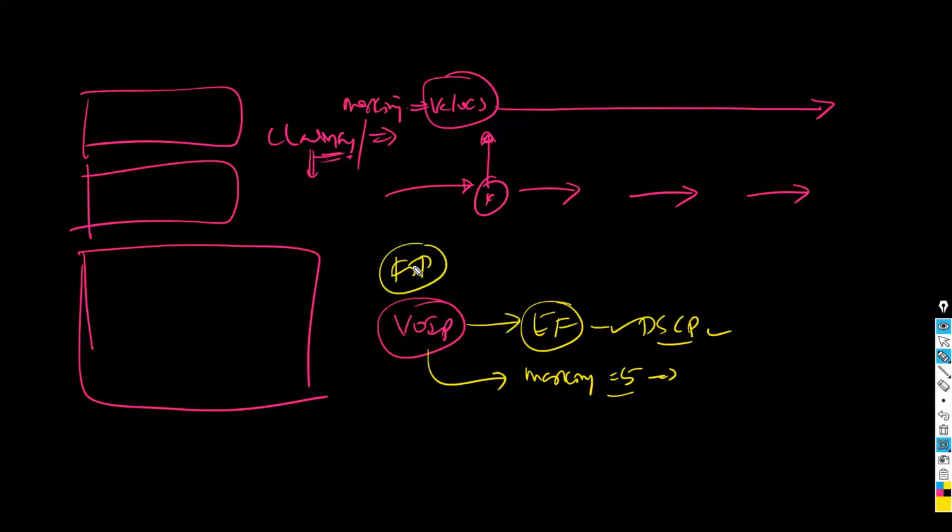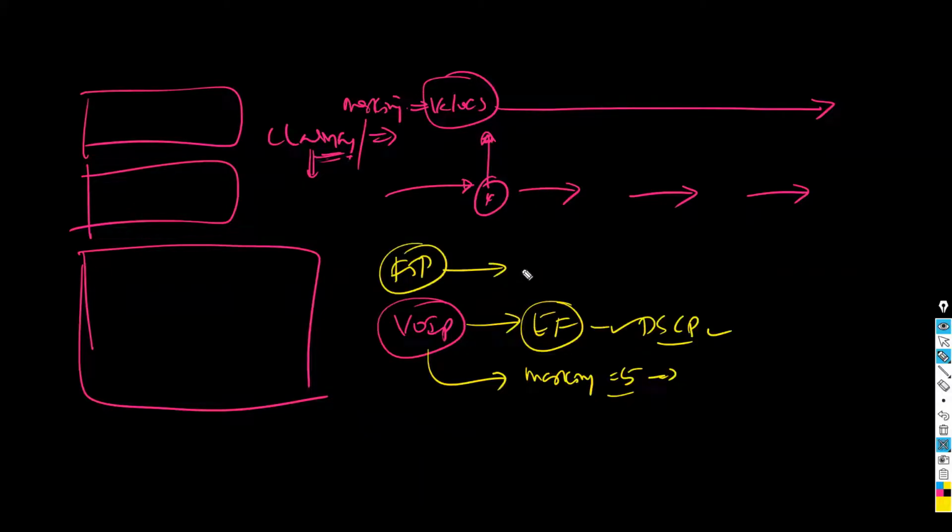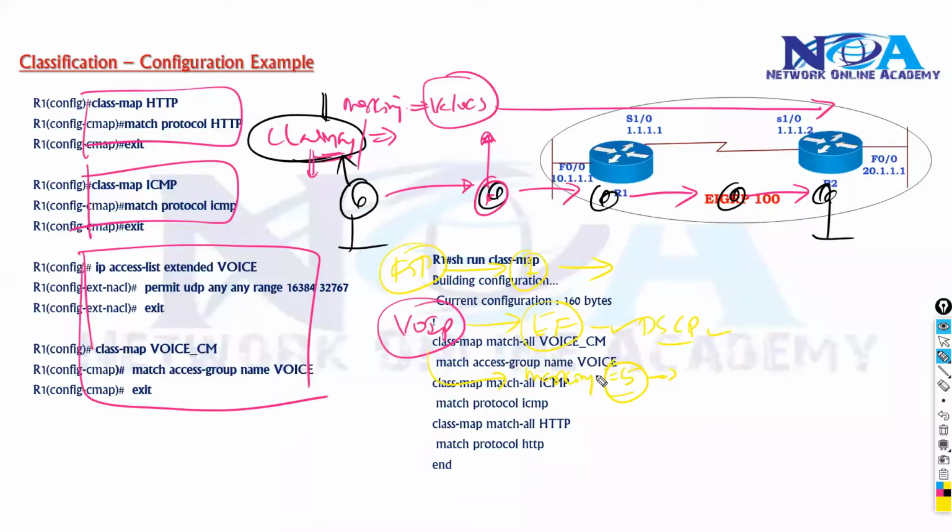Or some other traffic like FTP traffic, which is not high priority, so I'm giving the marking value of 1, which is considered low priority when compared to 5. So we will be deciding some values, and based on these values, whenever a router or a switch receives those particular packets with marking values, automatically it's going to decide what action it has to take.